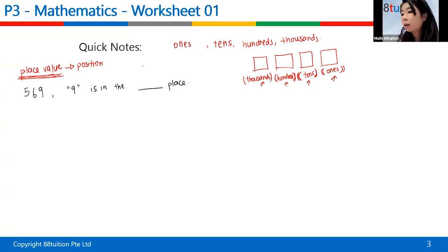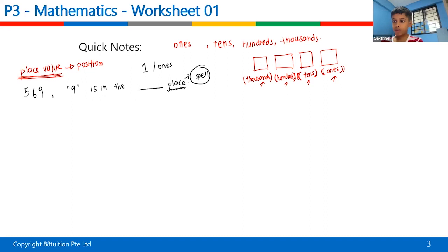Will you write the number or will you spell it out? Spell it out. Very good. So Sakti and Jingjie, whenever I see the words in the which place, I need to spell the answer out.